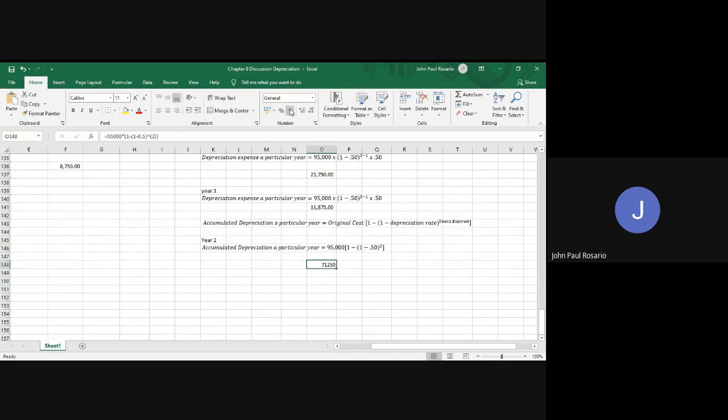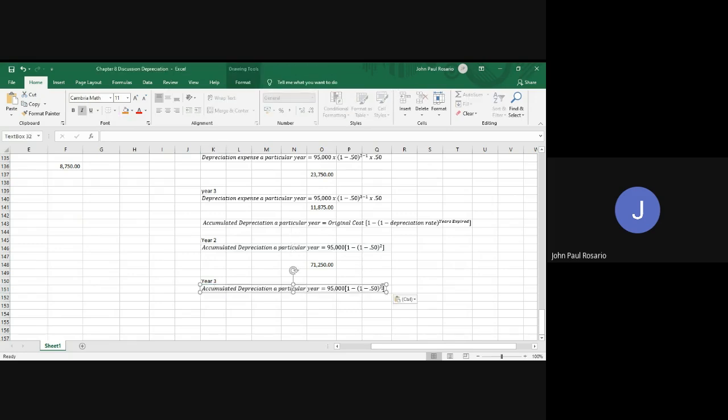So, and then so on, year 3, if we calculate this, we get 83,125.